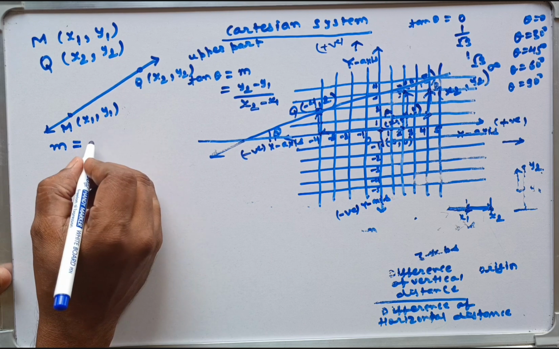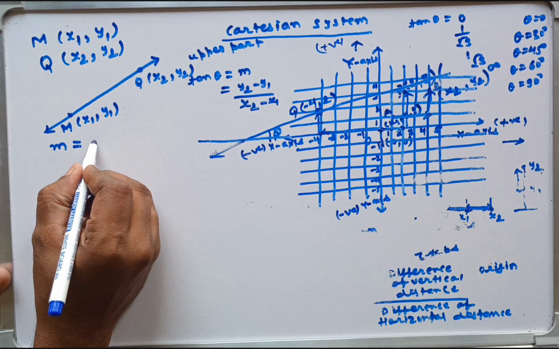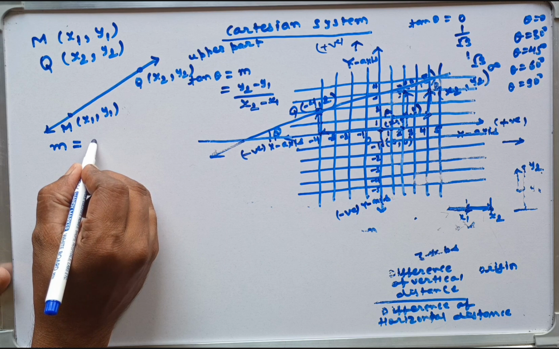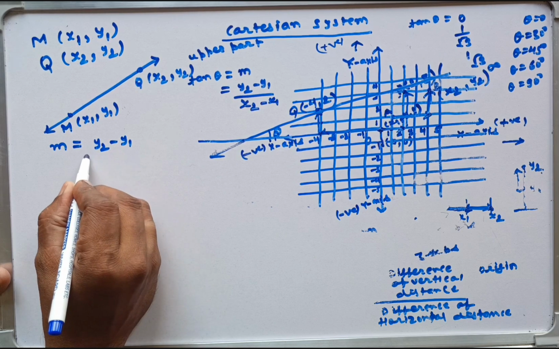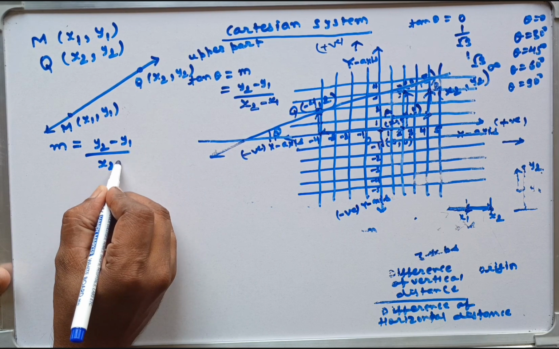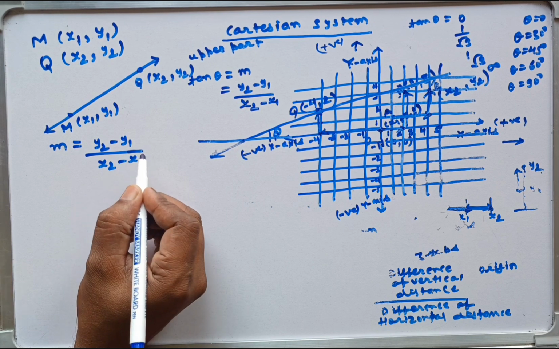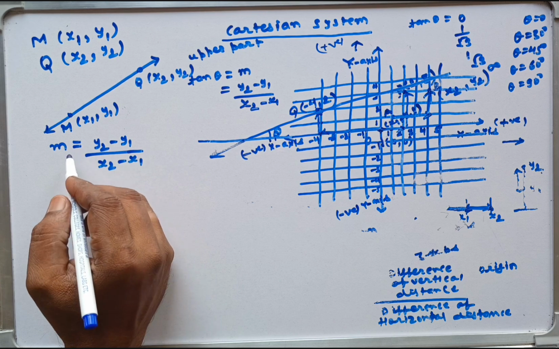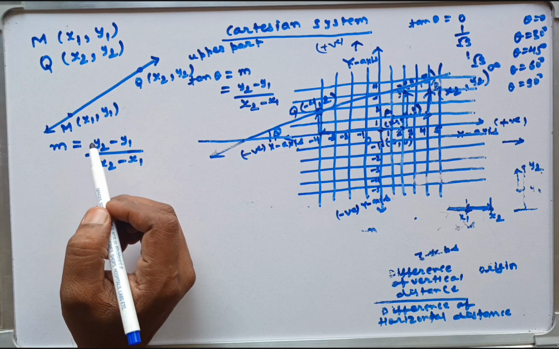Okay, so you know the difference of the vertical distance, y2 minus y1, divided by the horizontal distance between these 2 points gives you the value of m, or gradient, which is basically a slope.